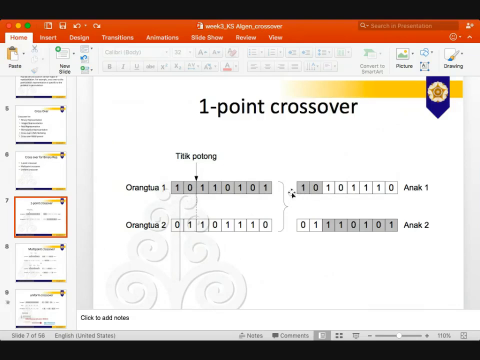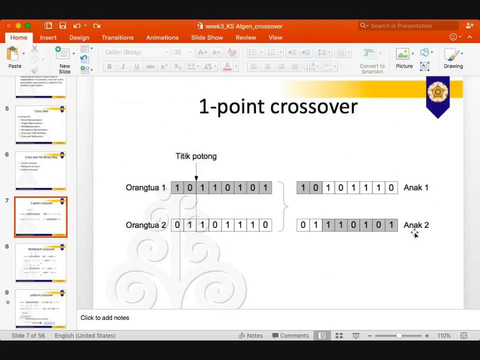So we copy it here, 1 and 0. And then the rest is copied from parent chromosome 2, starting from locus crossover point + 1 until the end. So we copy it here, 1 0 1 1 1 1 0 1 0 1 1 1 0.